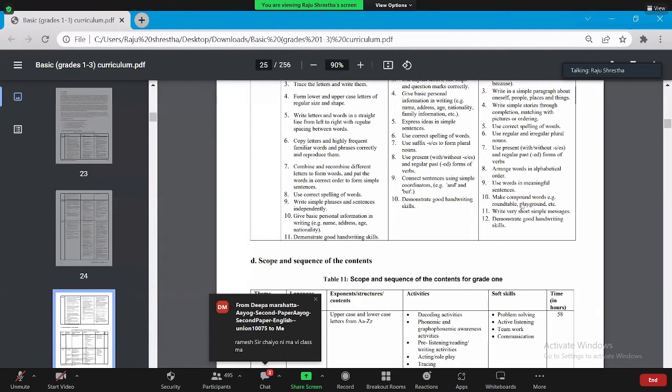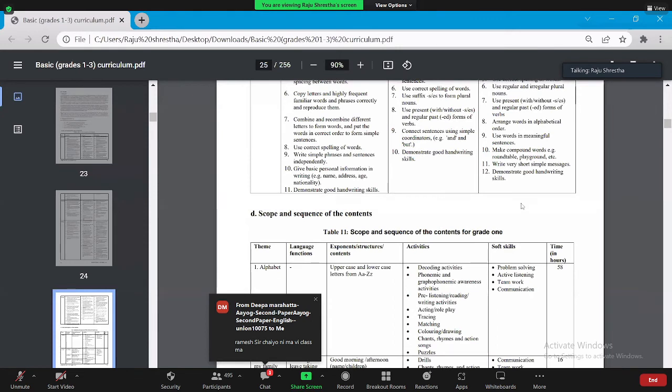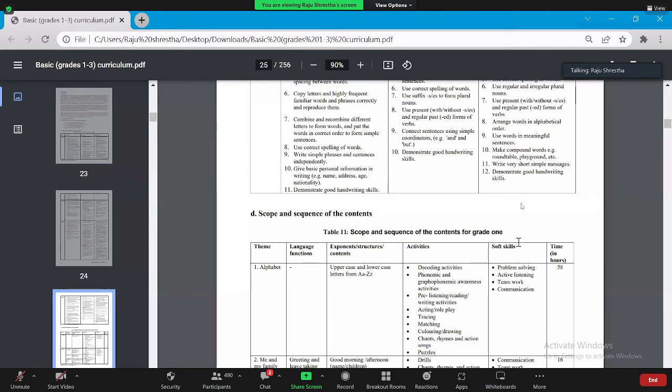Themes are given here in the first column, and in the second column, language functions and exponents, structures or content, and activities are given. Then soft skills are given here. These are the soft skills clearly mentioned in the basic level English curriculum.